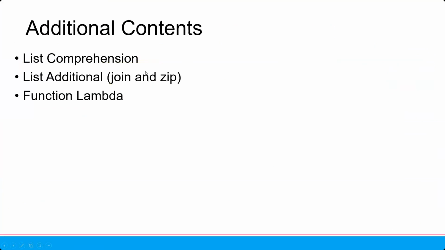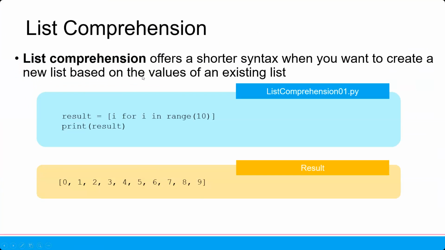Okay, let's look at the list comprehension. What does it mean by list comprehension? List comprehension offers a shorter syntax when you want to create a new list based on the values of an existing list. So, for example, I have result.